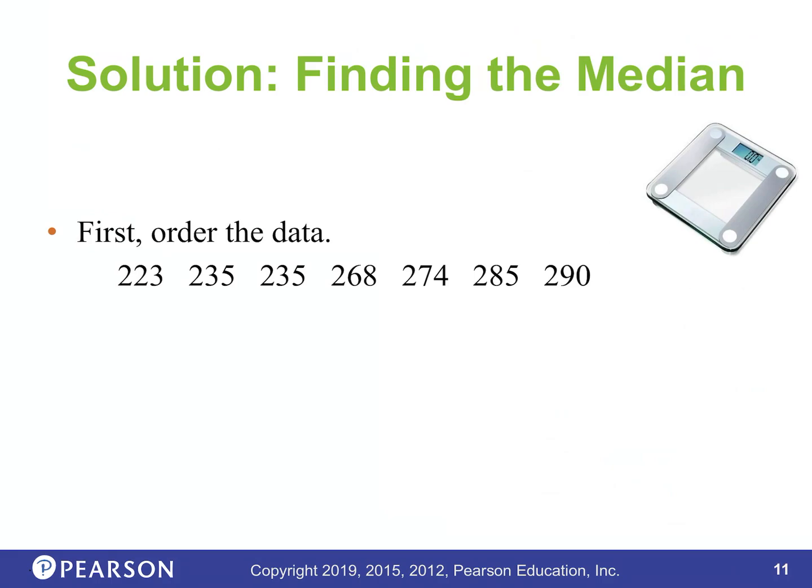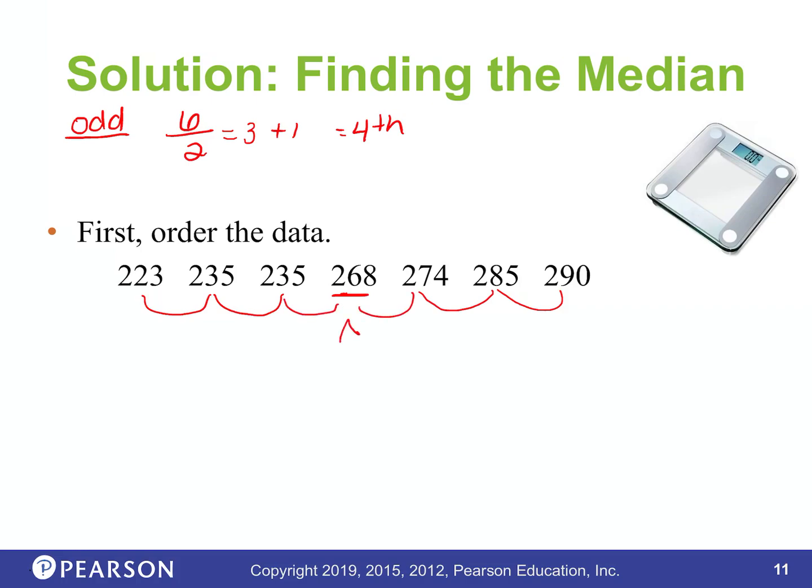Because it's odd, I can take the number of entries minus 1, divide by 2, and then add 1. So 6 divided by 2 gives us 3, plus 1 is the 4th entry. So 1, 2, 3, it's our 4th one. If we work our way to the middle, it'll be this middle number where they meet.